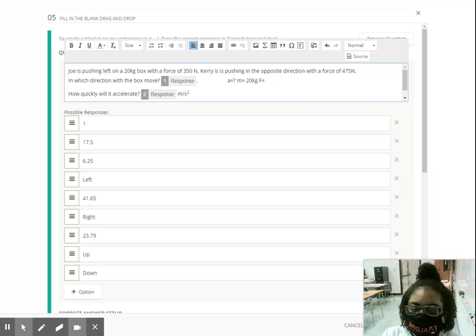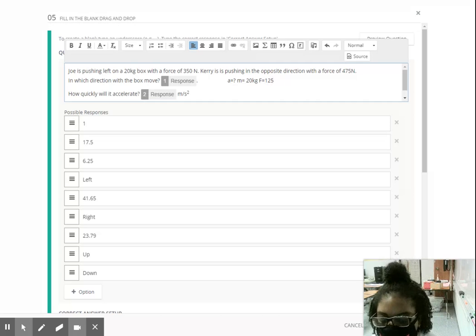We have 475 to the right, and we have 350 to the left. So since they're in opposite directions, we're going to subtract. So we have 475 minus 350, and you'll get 125 newtons. That is the net force.